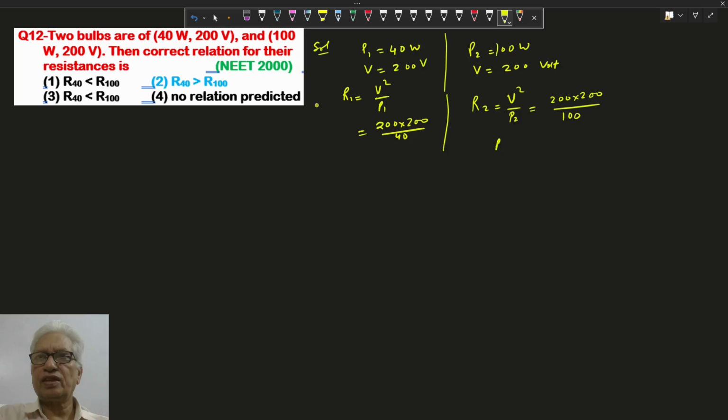So here R2 is simply 400 ohms, and R1 here is 1000 ohms. Here R1, meaning R for the 40 watt bulb, the resistance is more than R2. That option is correct.